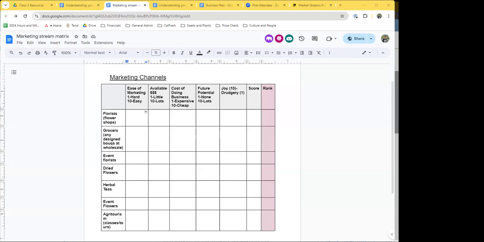So when we're talking about ease of marketing, that's something like, how easy is it for you to build a brand? If you need a brand to do what you're doing, how easy is it for you to create a website? Are you doing a lot of direct to consumer, so you need to be doing social media all the time or not? Maybe that'll be really hard.